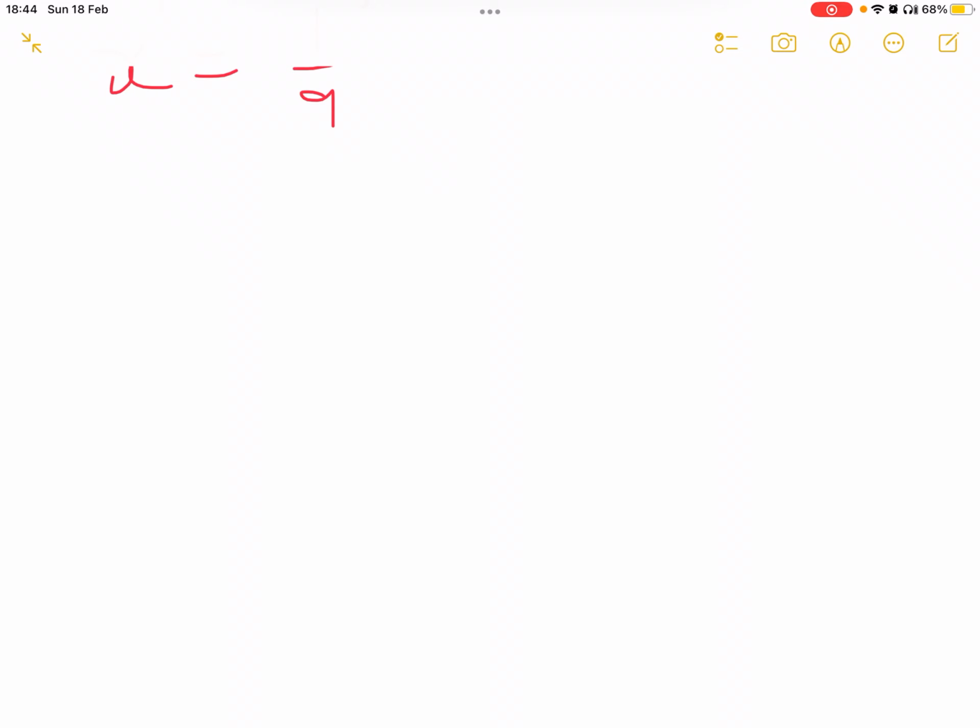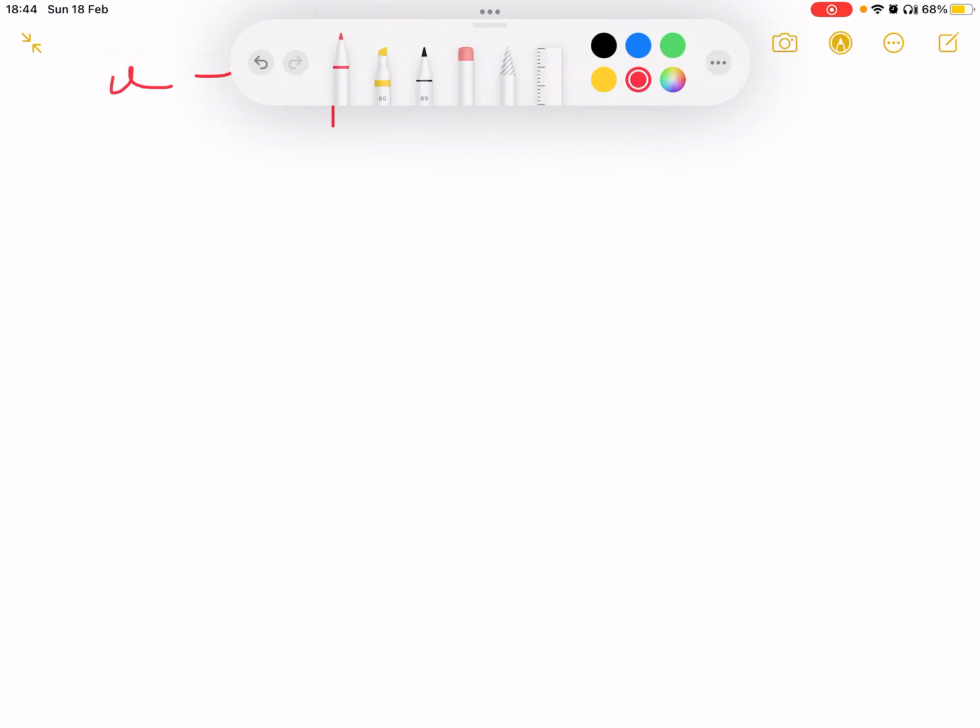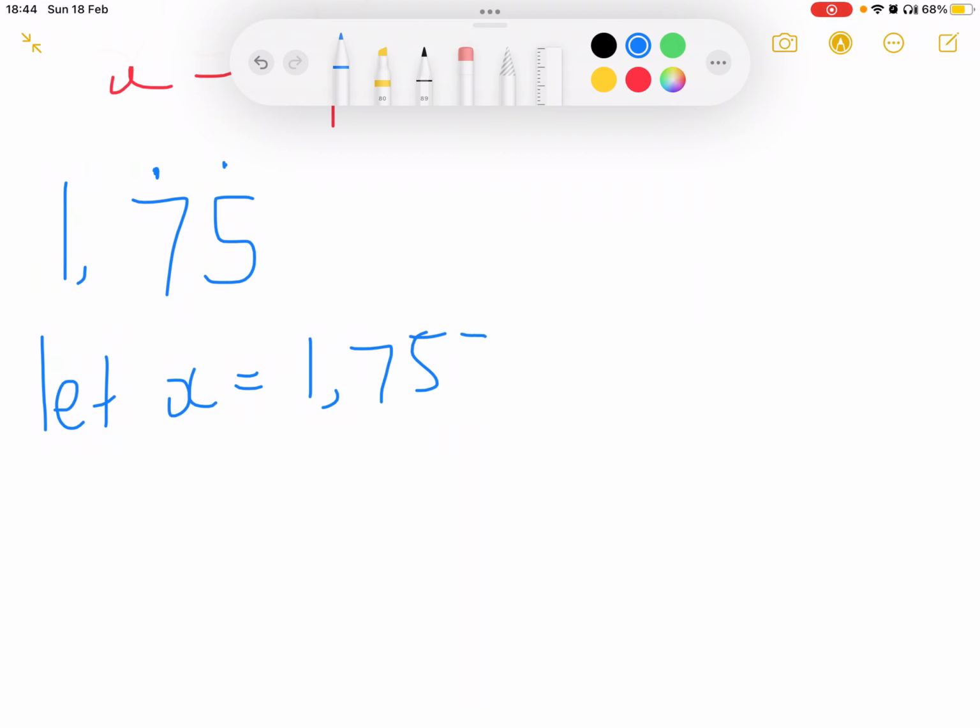Now, back to another example. Let's say you now have 1.75 with a dot over the 75, which means it is repeated. As in the previous example, we let x be equal to 1.757575 all the way up to, and that is our equation 1.